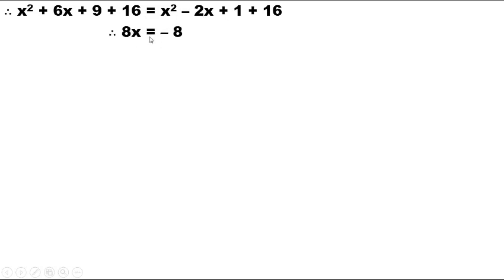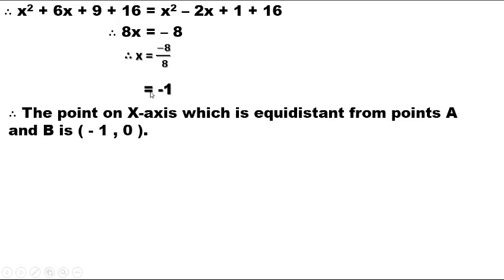Therefore 8x is equal to minus 8, so x is equal to minus 8 upon 8, therefore x is equal to minus 1. The point on the x-axis which is equidistant from the points A and B is (-1, 0).